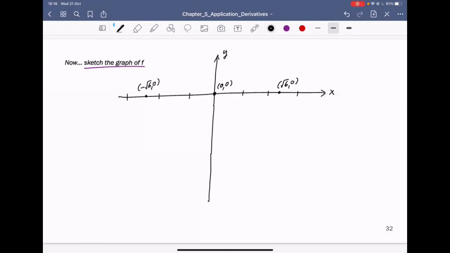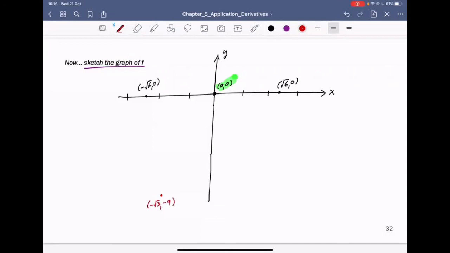This is my intercept. And then I know that I have the local maximum at 0, 0. This is my local maximum. I have the local minimum at negative square root 3, -9. Negative square root 3 is about negative 1.7, so it's about this one.